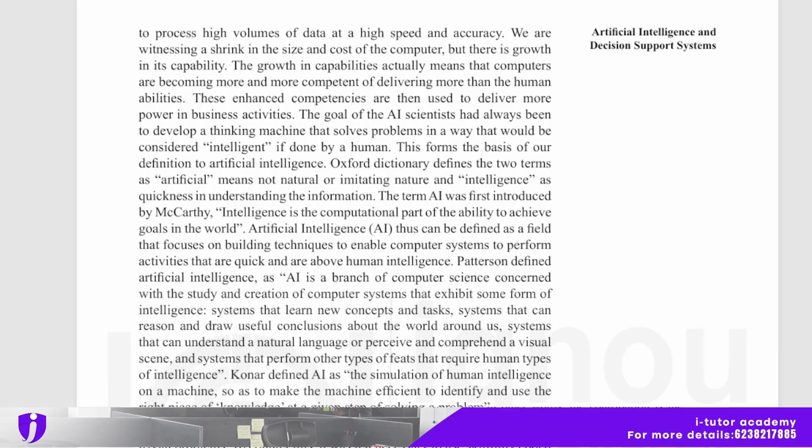Artificial intelligence, that is AI, thus can be defined as a field that focuses on building techniques to enable computer systems to perform activities that are quick and are above human intelligence.